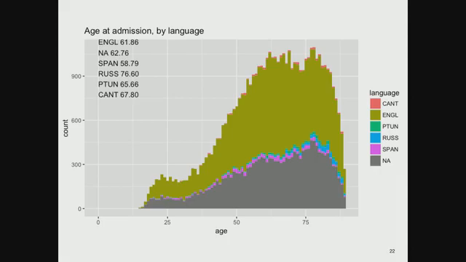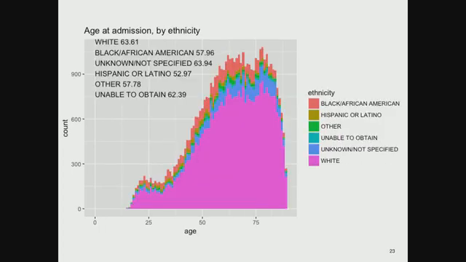What about age at admission by language? So some people speak English, some people speak not available, some people speak Spanish, etc. So it turns out the Russians are the oldest, right? And that may have to do with immigration patterns, or I don't know exactly why. But that's the data. That's what the data show.